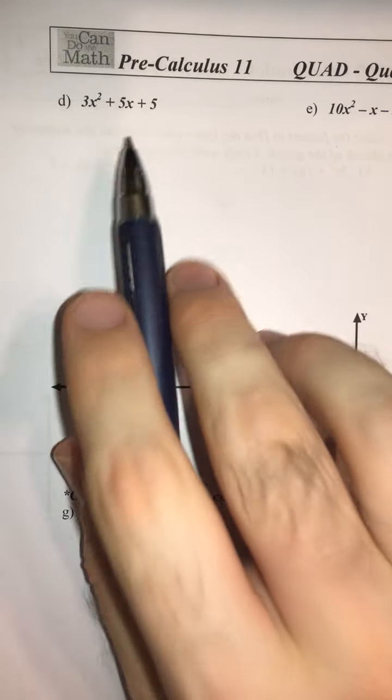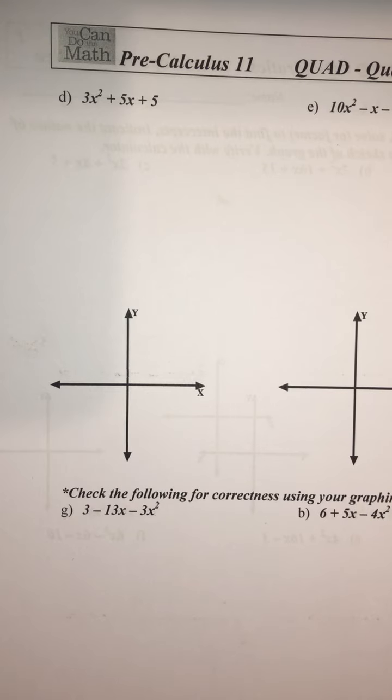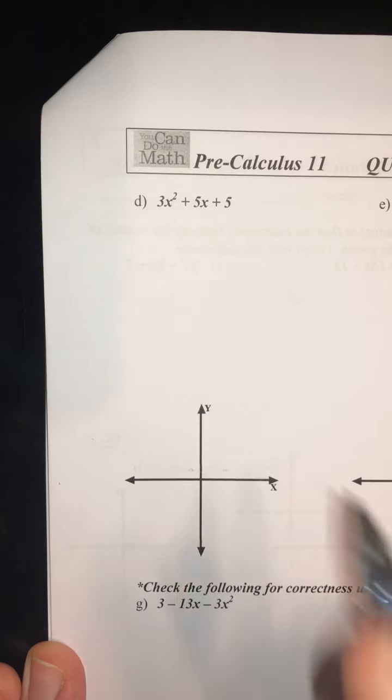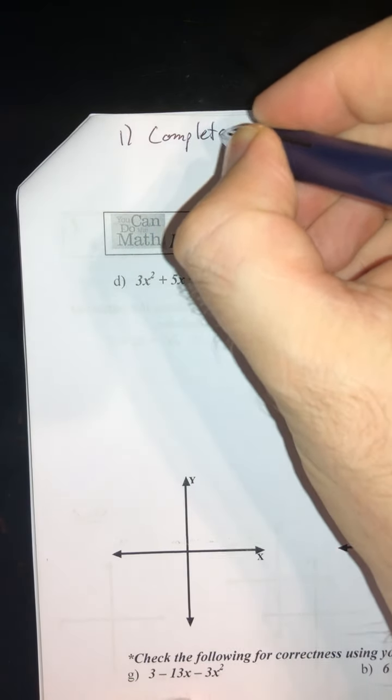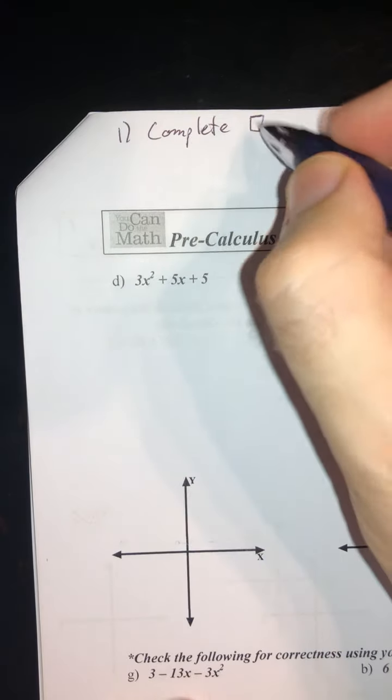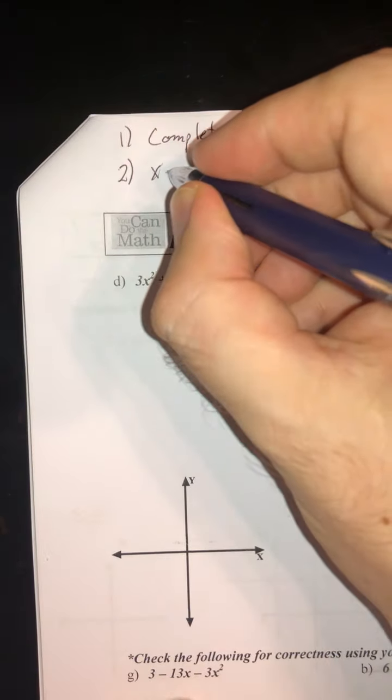Starting with this up top, first we're wanting to complete the square. Remember the things that we're wanting to do, I'll just write it on the top here. So first, complete the square. Then we need the x-intercepts.